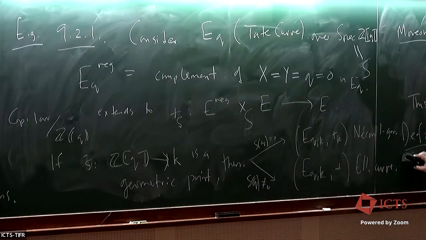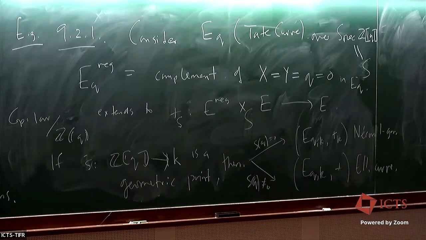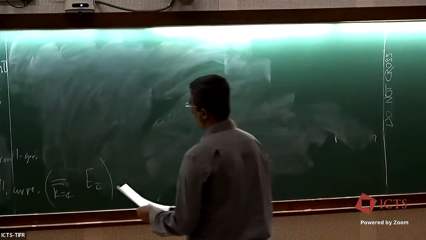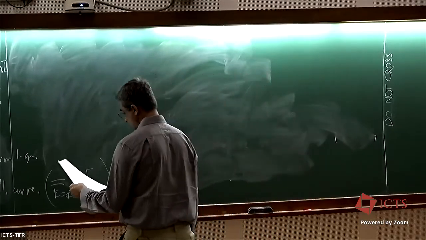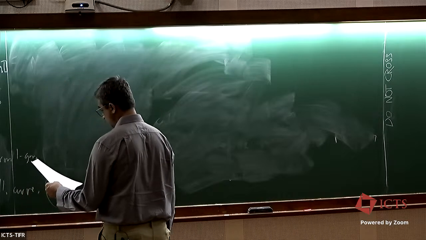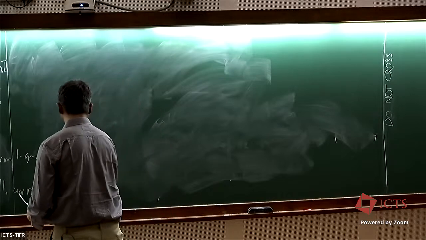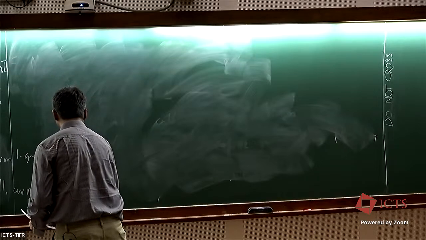So in the case of the complex numbers, you just wind up getting C star modulo q, where q is e to the 2 pi i tau. And that's just C modulo the lattice Z plus Z tau, the usual elliptic curve.